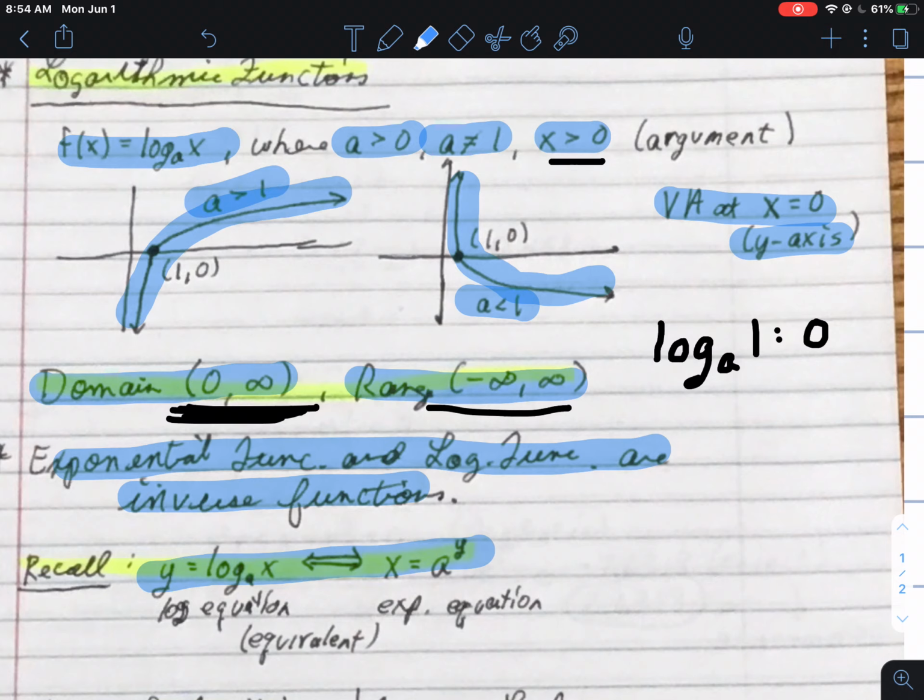Notice x here is your argument. The y here, the value of the log, corresponds to this exponent. And the base is the base. The base of the log and the base of the exponent are the same.